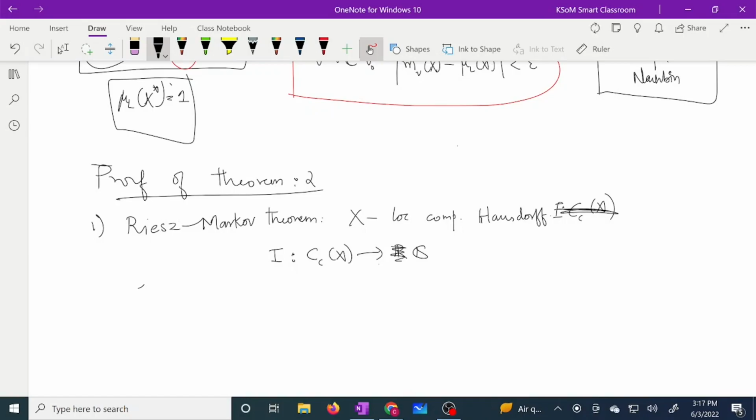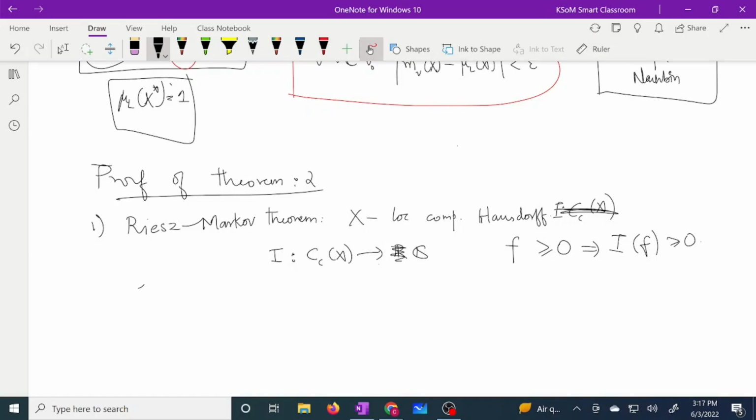If your f is positive, so f bigger than 0 implies I of f is bigger than or equal to 0. This is the meaning of positive linear functional.